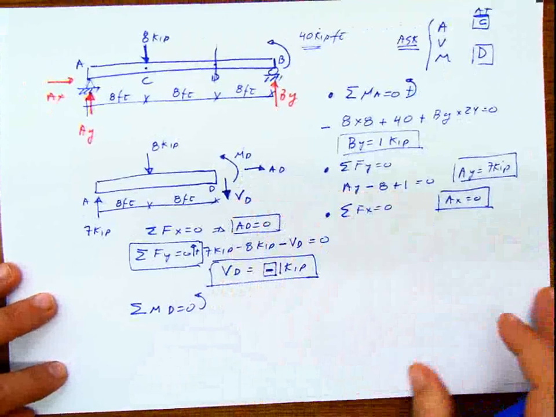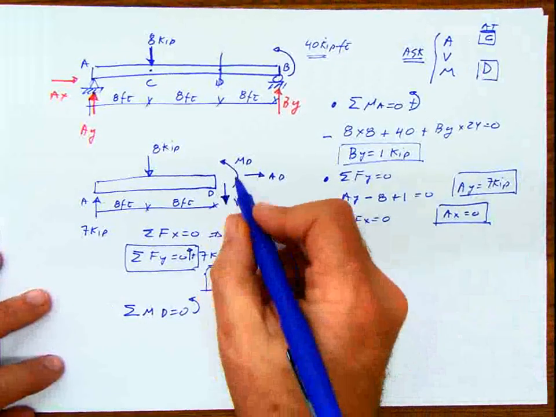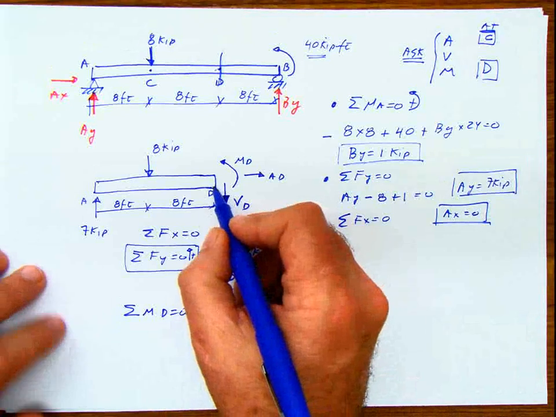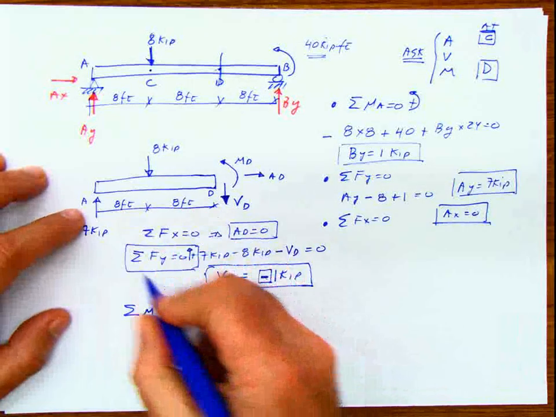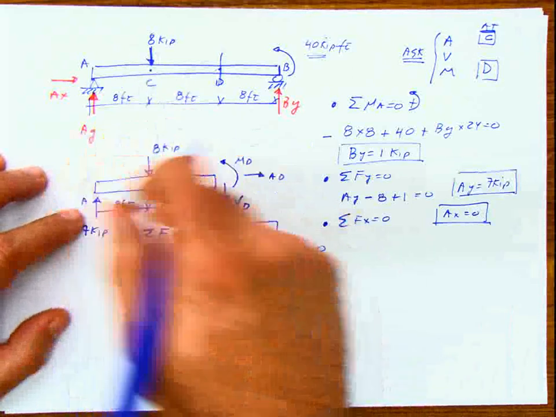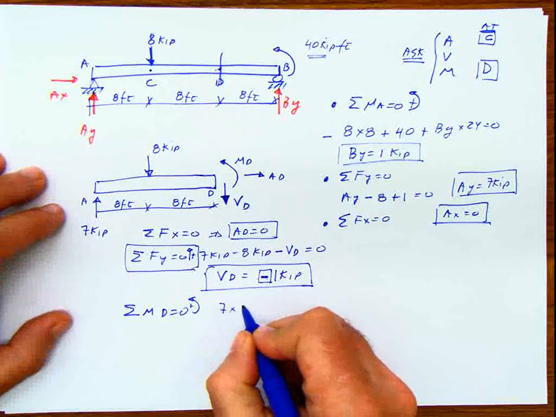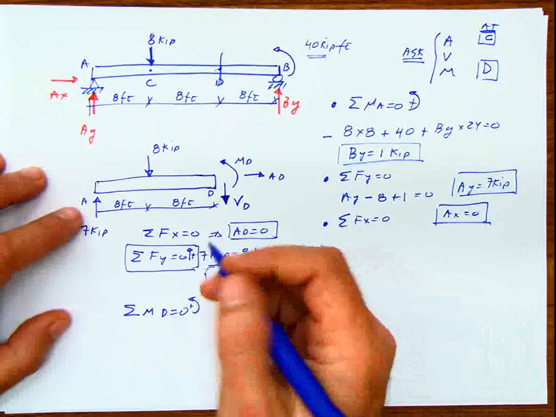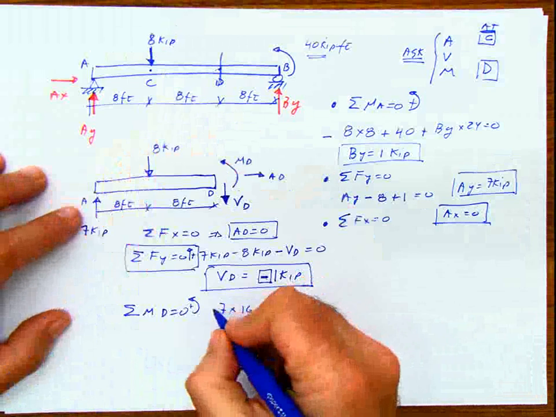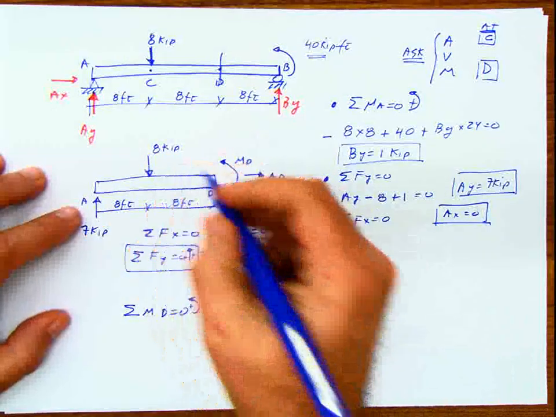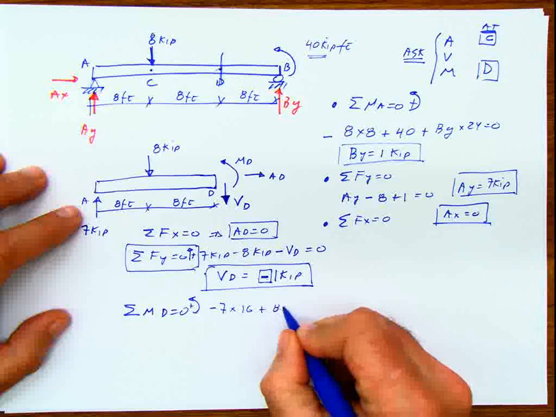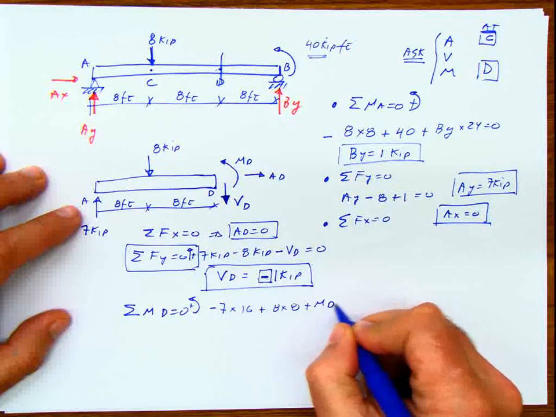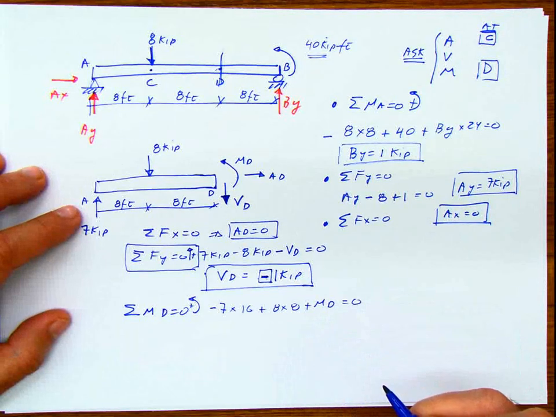Because I want to calculate MD, the moment at D. If I do summation of moments at D equals 0, then I'm going to have positive 7 times 16 this way, and that's negative according to this, plus 8 times 8 plus MD equals 0.